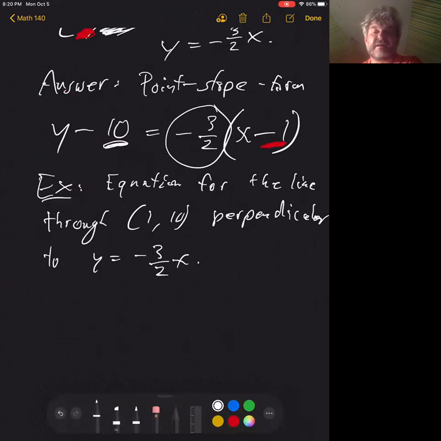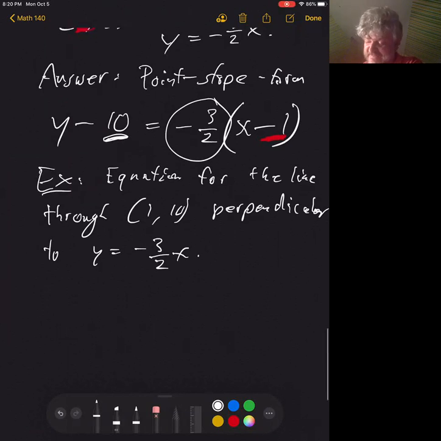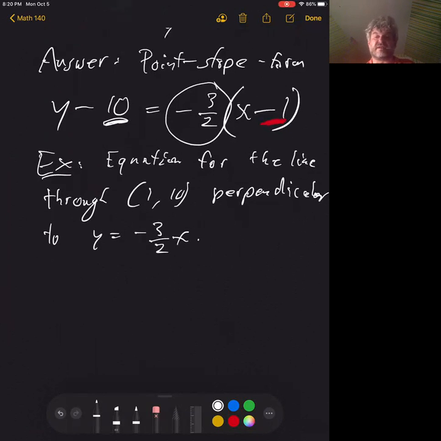And here we need to use one fact. I think I've mentioned it at some point, but didn't do an example. Anyway, the rule is two lines are perpendicular if their slopes multiply to give -1.